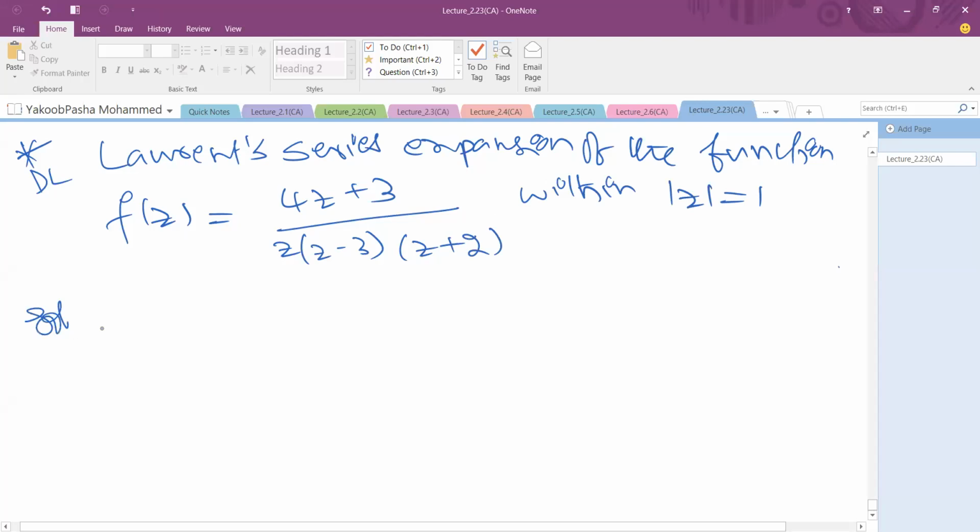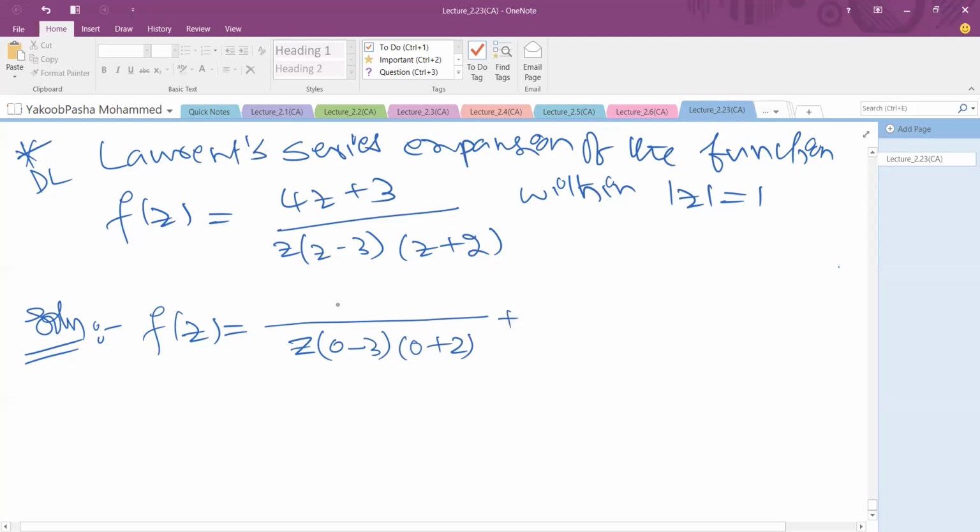So first I am writing the partial fractions here. First, for z, z equal to 0: minus 3, 0 plus 2; numerator also 4 into 0 plus 3. Here z minus 3, I replace z by 3: 3 plus 2; numerator also 3 plus 3.